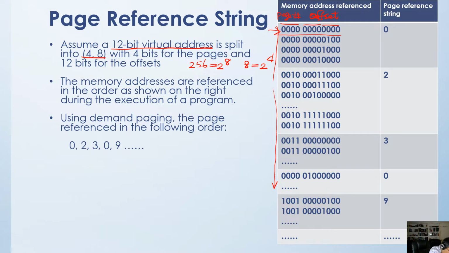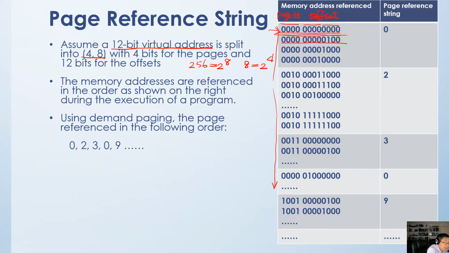That's the first instruction, the first memory address, the virtual memory address. So we're going to execute the instruction in this virtual address, and the next instruction will be in this memory address. So the first one is 0, the second one is 4, right?